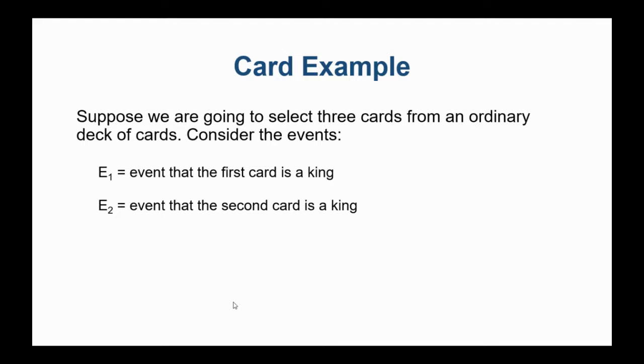So let's look at a card example. Suppose we're going to select 3 cards from an ordinary deck. Let's consider the events. E1 is that the first card is the king. E2 is the event that the second card is the king. And then E3 is the event that the third card is the king.